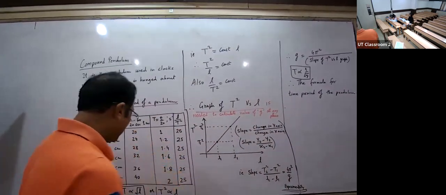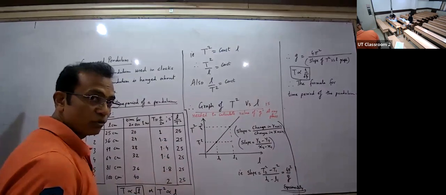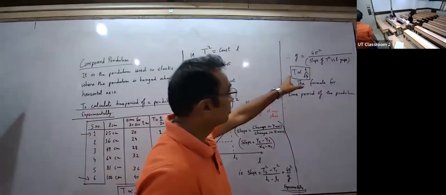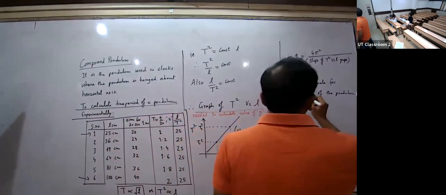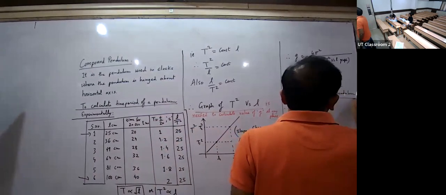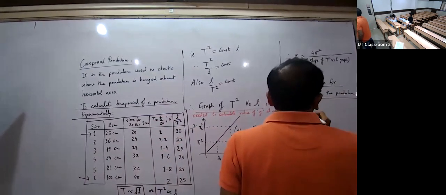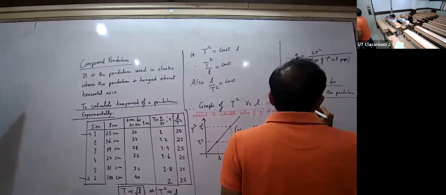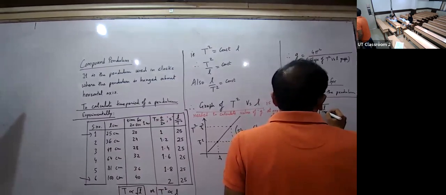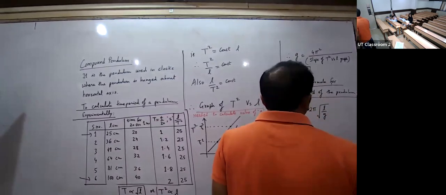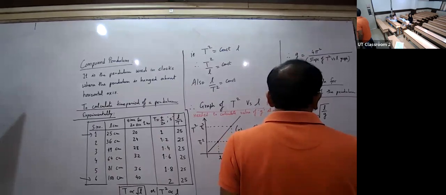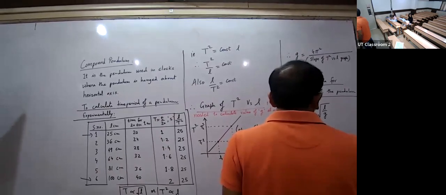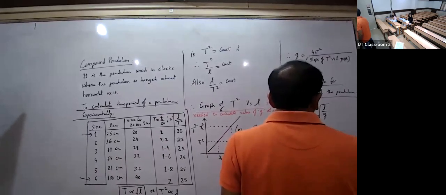So when you combine these two dependencies, T is proportional to root L and T is inversely proportional to root G. Therefore, the formula for time period of pendulum is T is equal to 2 pi root L by G. To remove the root, we get T square equal to 4 pi square L by G.